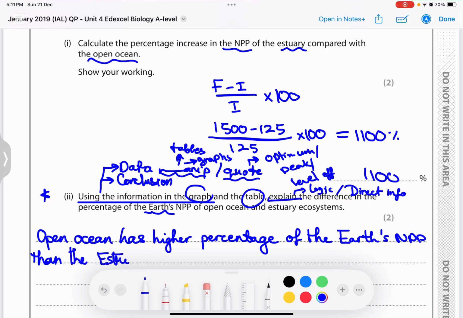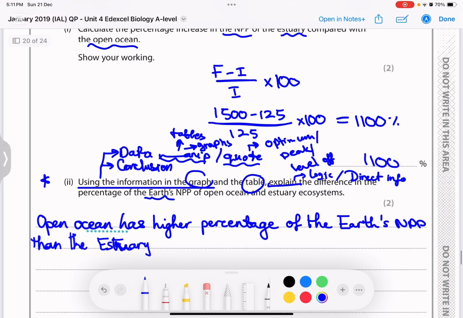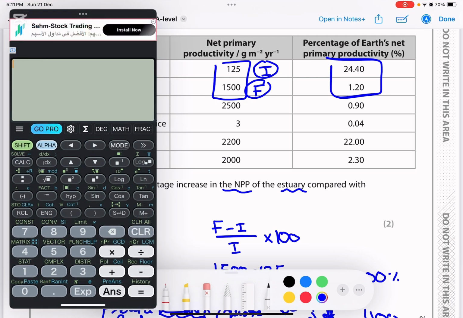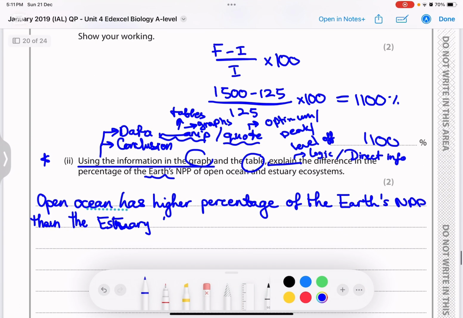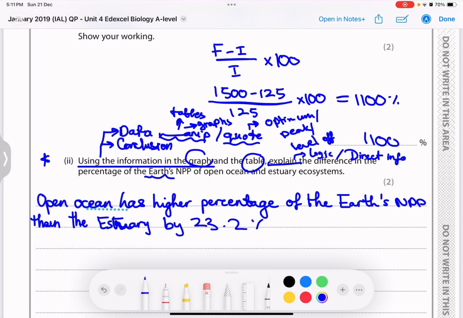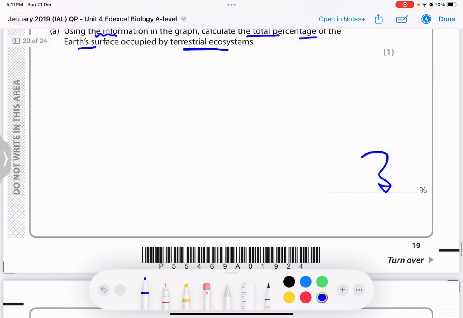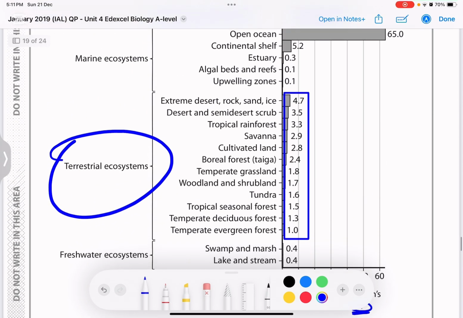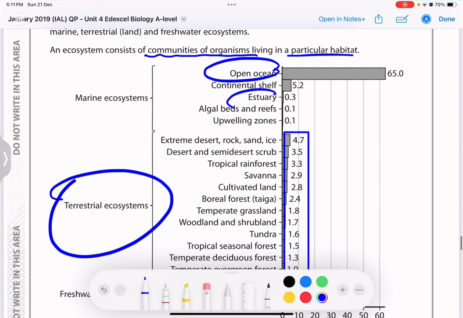You can also say higher by how much? It's a higher percentage than the estuary by the difference, 23.2%. Why? Let's see right now the graph and check the open ocean and the estuary.